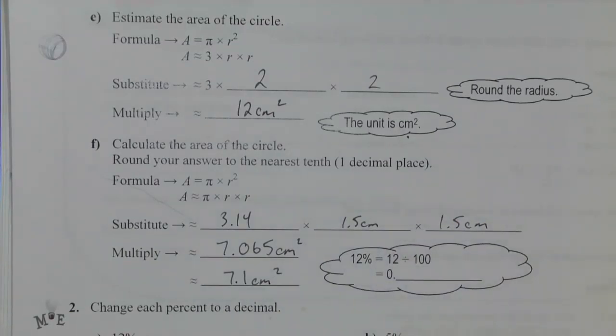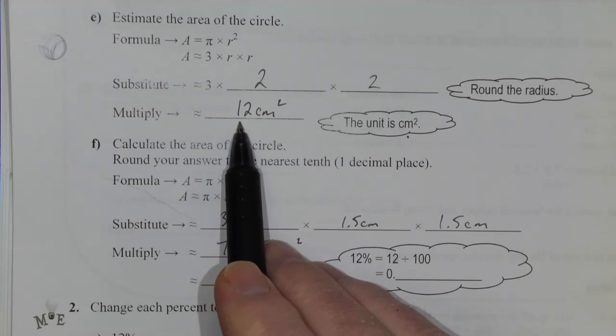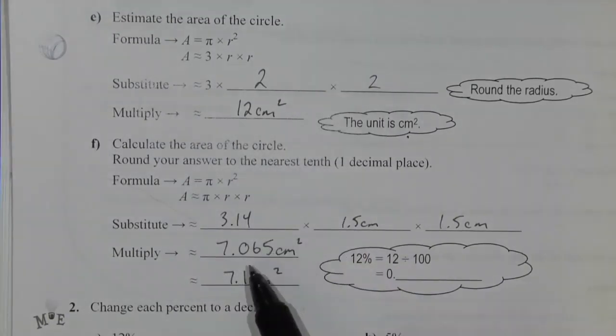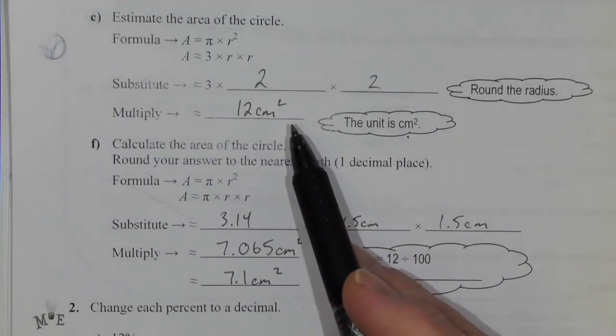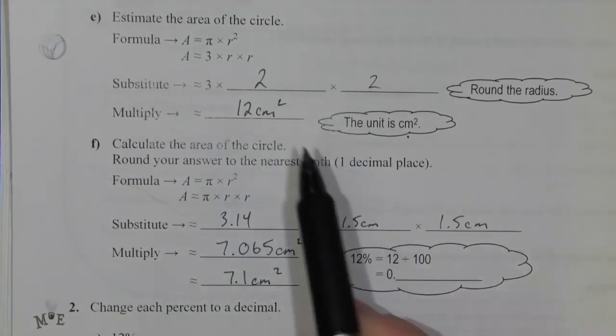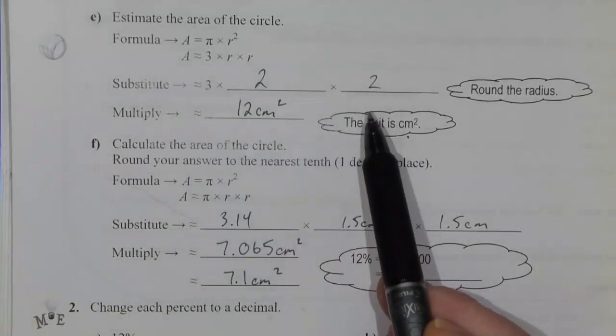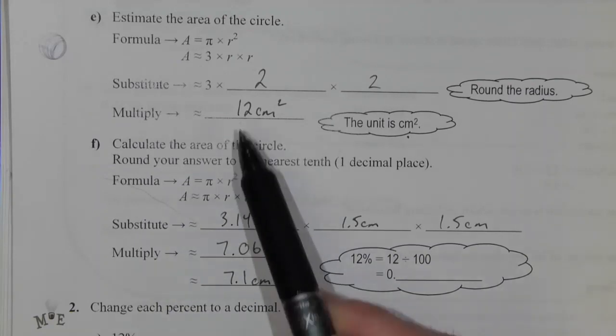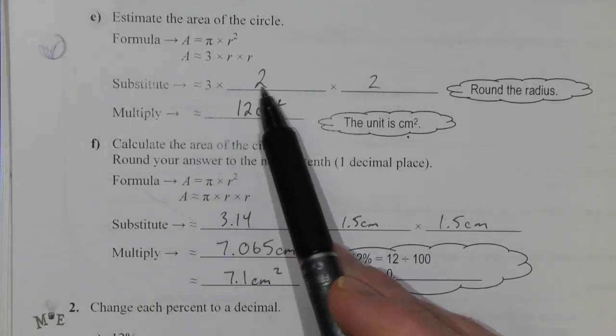centimeters squared. Now, 7.1 and 12, they seem like they're not very close. 12 is not a very accurate estimate, but we did some rounding, and all 3 digits here are rounded.